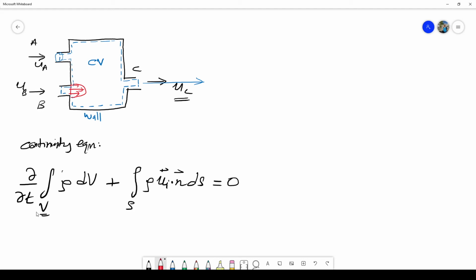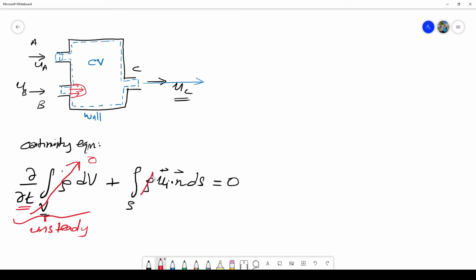So the first term in the continuity equation can be ignored, because it has the time derivative, which is usually used for unsteady problems. For a steady problem, this term that contains the change in time can be dropped from the continuity equation.